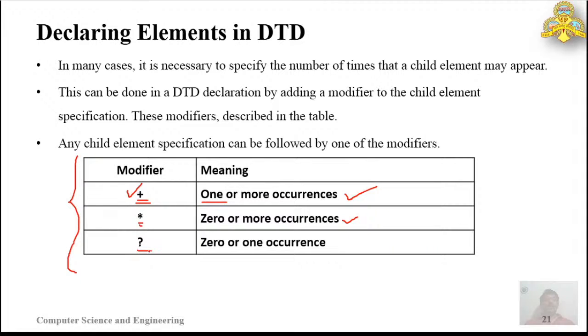If there is a single question mark with the declaration, there is either 0 or only one occurrence. We'll understand it better if I look at the example.